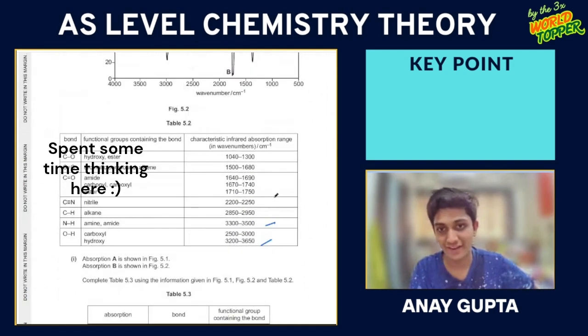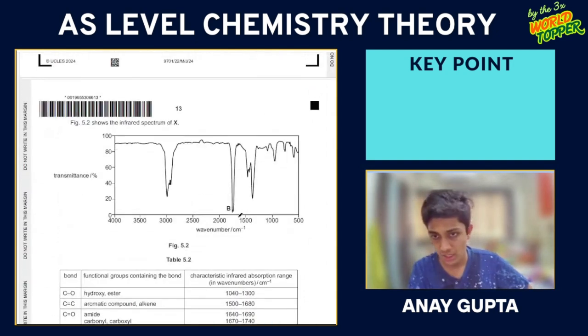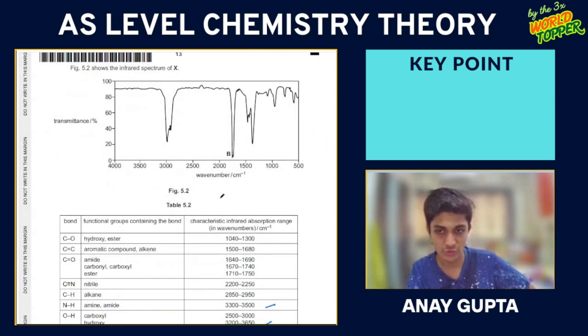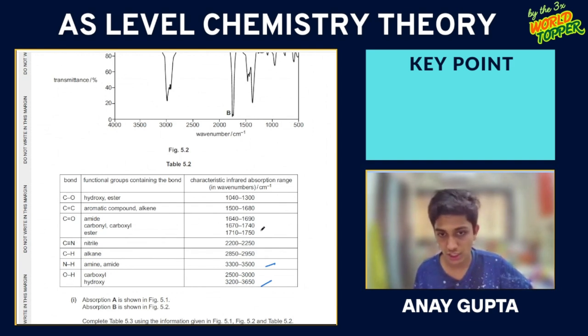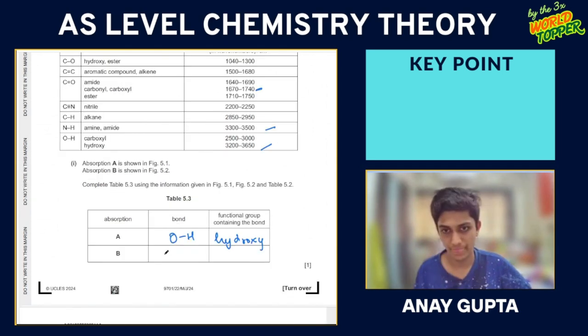But here if I just see the wave number, it is somewhere between 1500 to 2000. So if I have a C double bond O, I have a carbonyl or carboxyl group somewhere in this range.